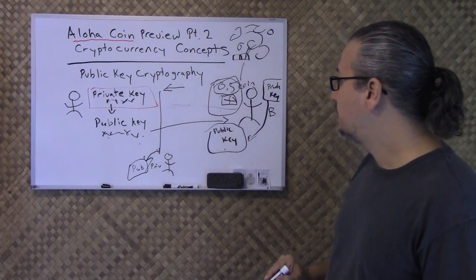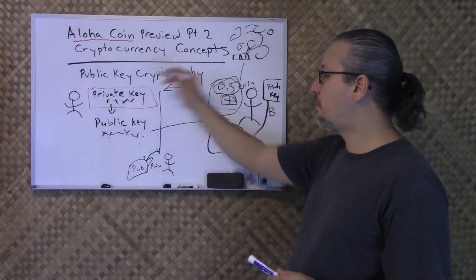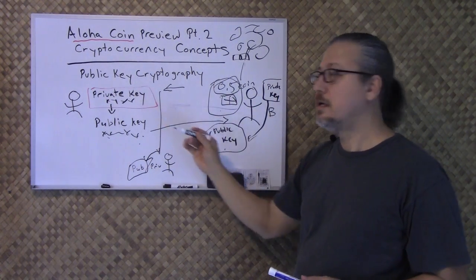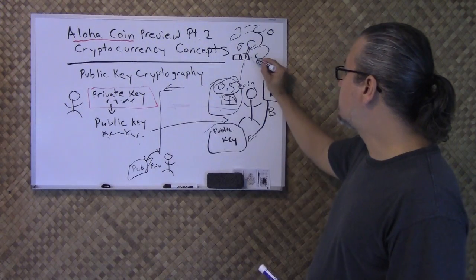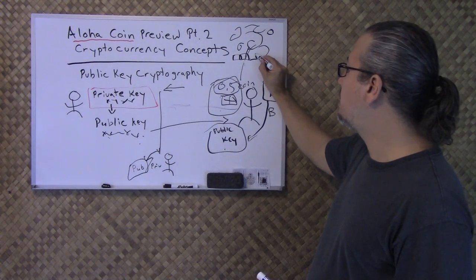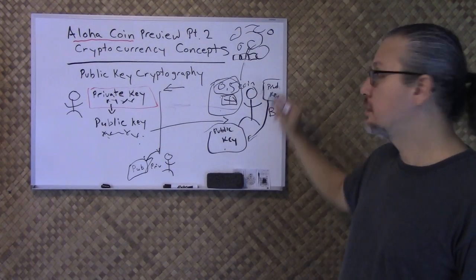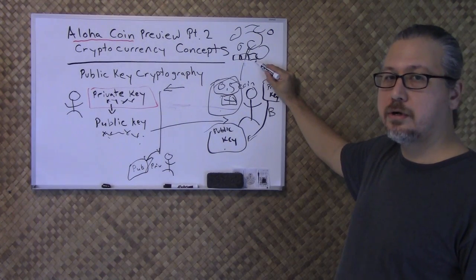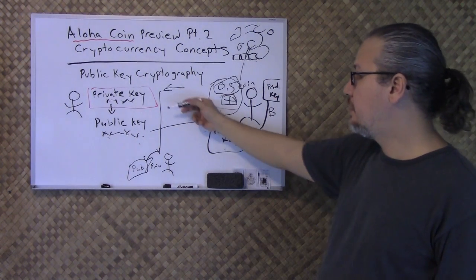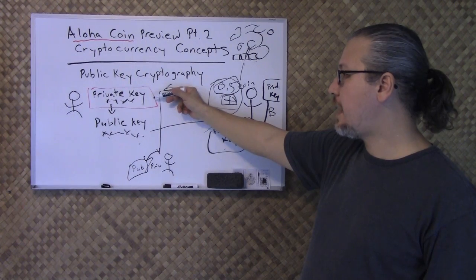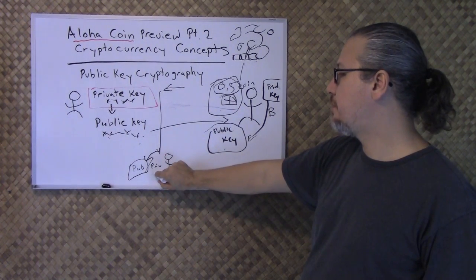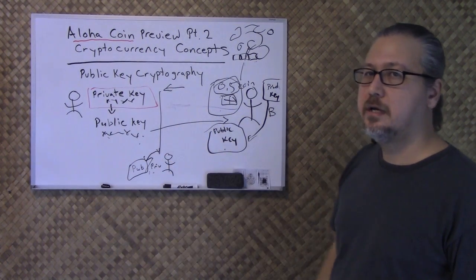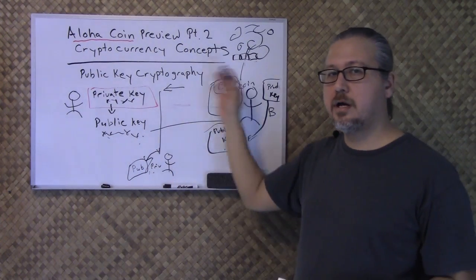Okay? So this is how the payment system works. And when you send it to that address, the miners record another block in the blockchain. Okay? And everybody in the whole world can see that now your address sent a certain number of coin to this person's address. Okay? And then it just keeps going on.